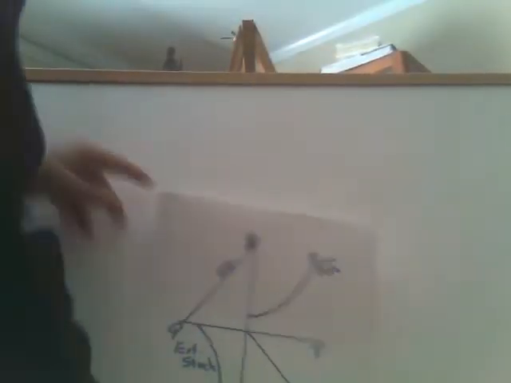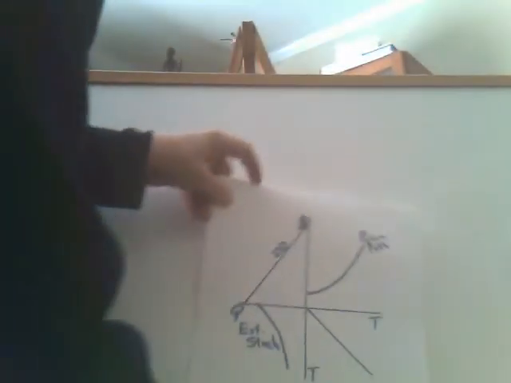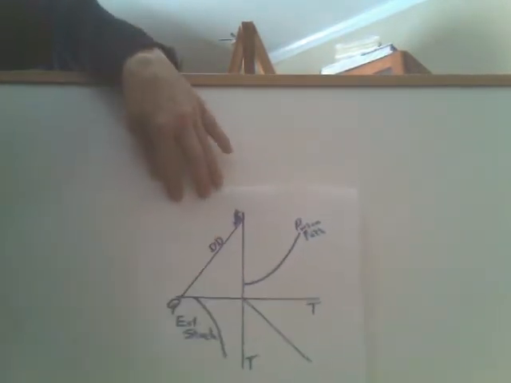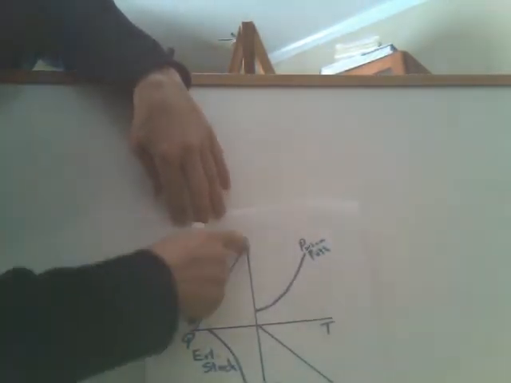Now let me show you this. I've already done it for you so that you will be able to look at it and hopefully it will be clear. Now what is this?